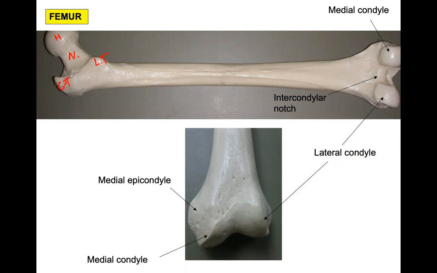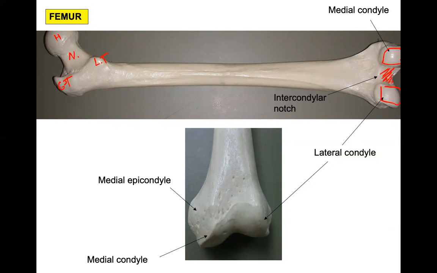On the other side, the femur forms your knee joint. These are called the medial and lateral condyles. An easy way to identify medial versus lateral: remember that the head is always pointing medially. So that makes this your medial condyle, and this one your lateral condyle. The space between them is your intercondylar notch.